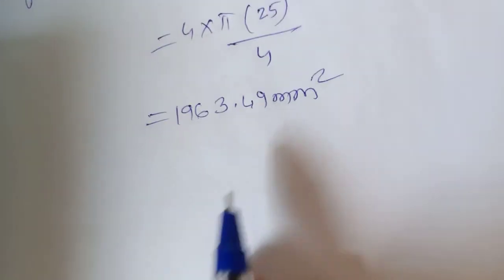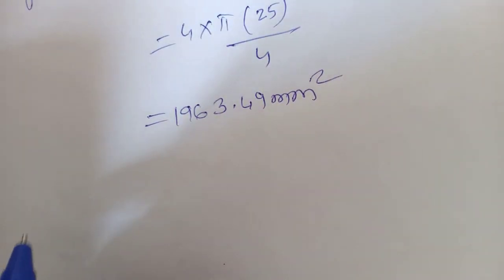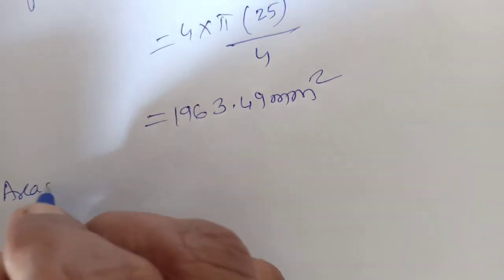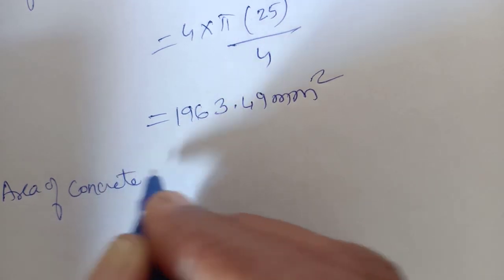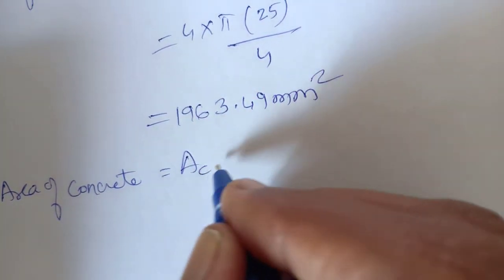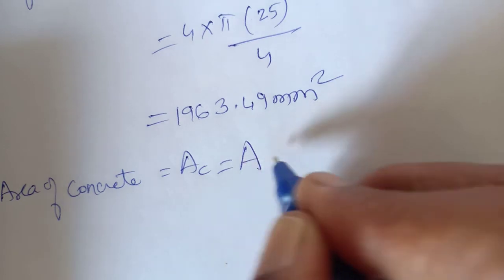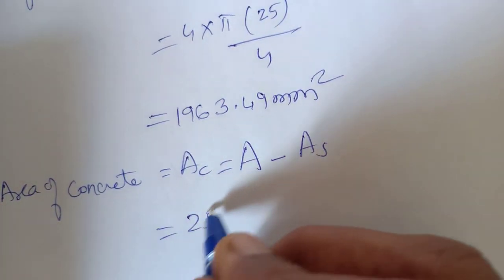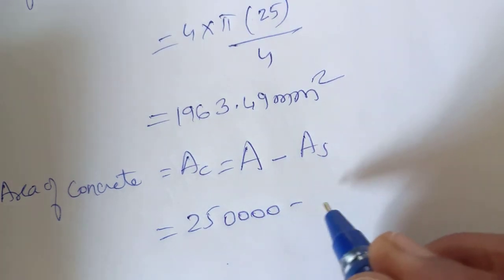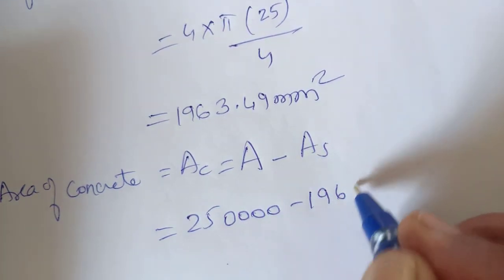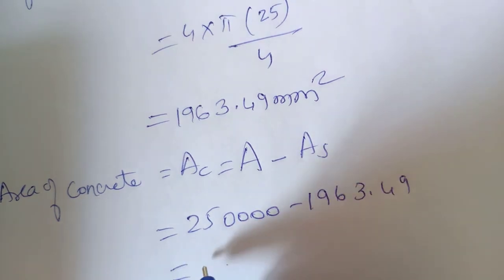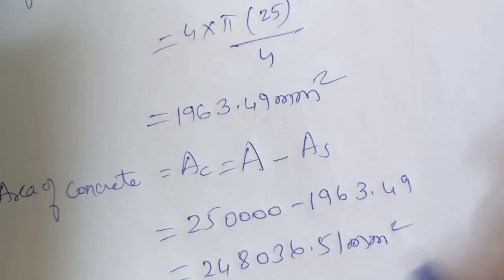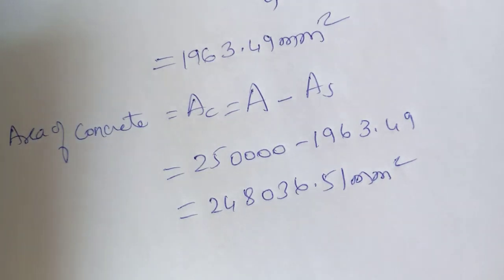So that I'll write in the formula form. Therefore, area of concrete will be total area minus area of steel. So total area is 25 followed by 4 zeros minus area of steel, which we have already found out. So you have 248,036.51 mm square. So this is the area.